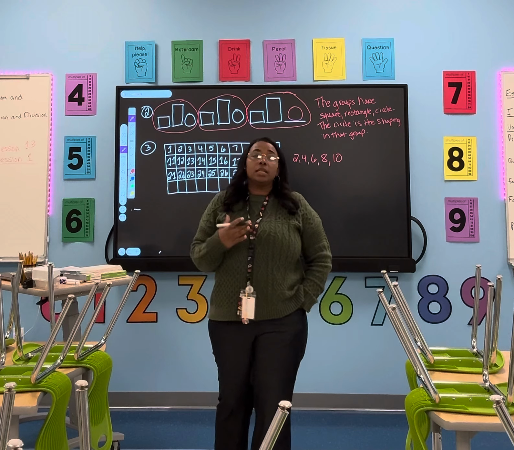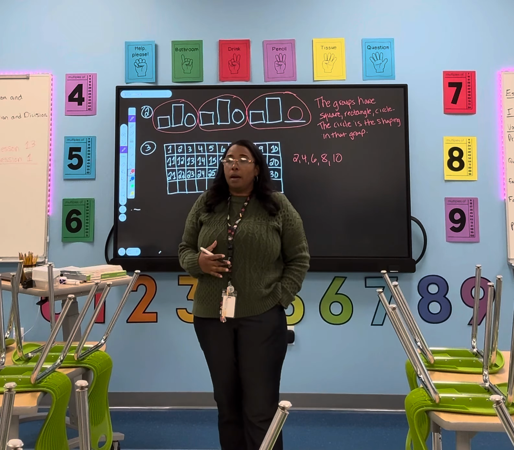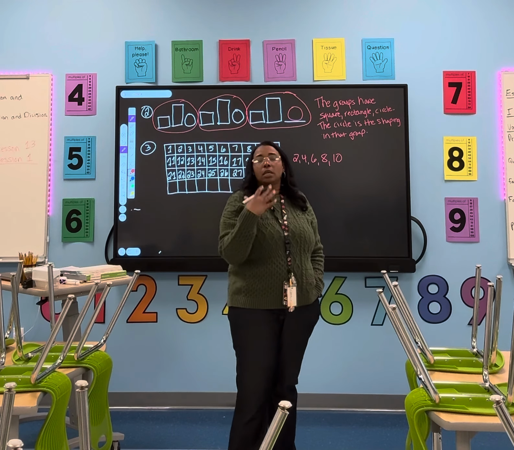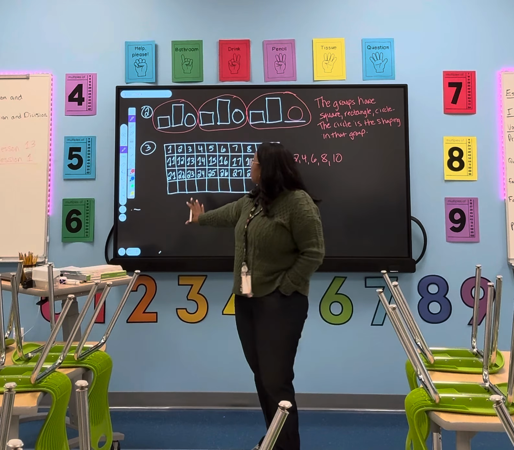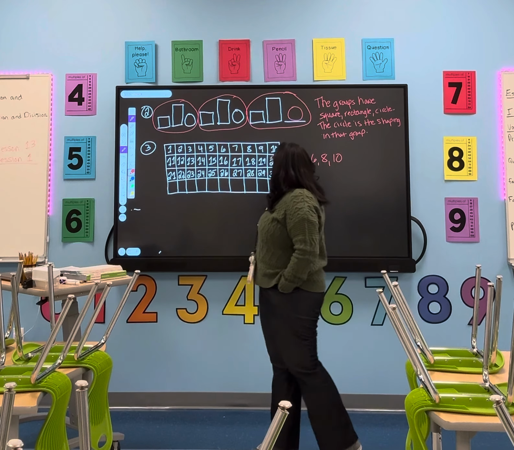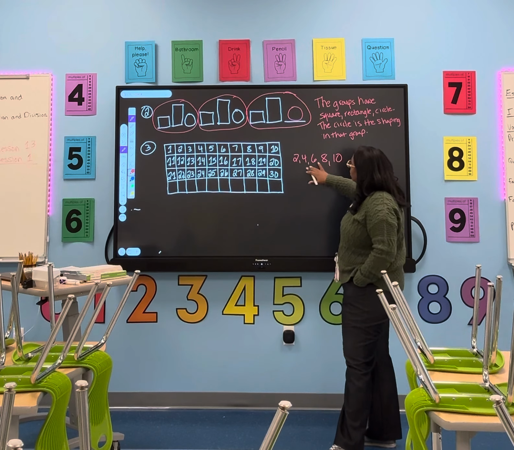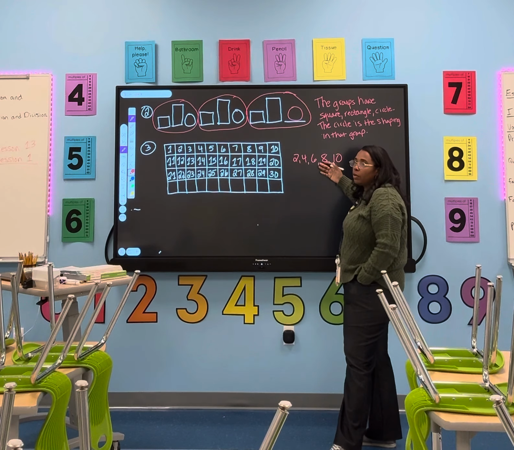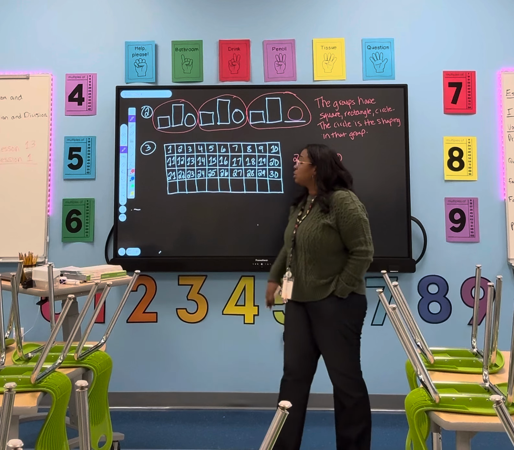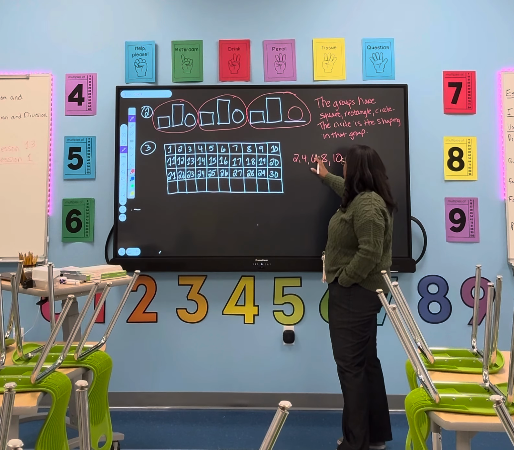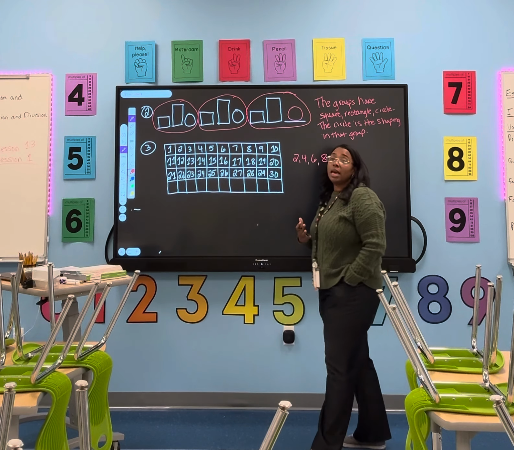The pattern or the rule is something like the instructions or the directions that you follow for that particular problem. So if I look at this, the pattern or the rule that it's following is that it's counting by twos. So it starts at 2, then it goes to 4, 6, 8, 10. So it's counting by 2.